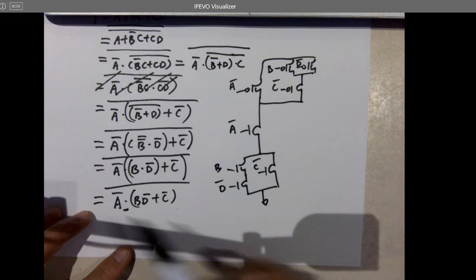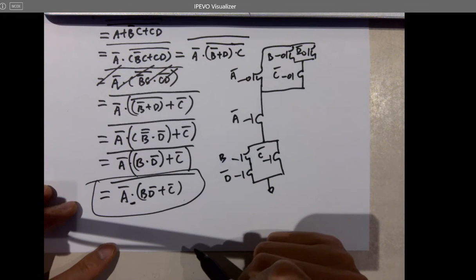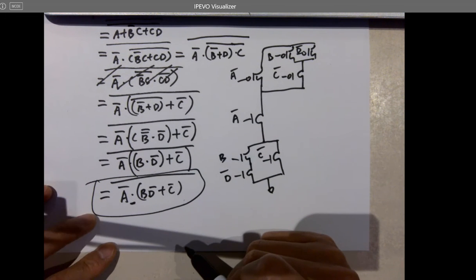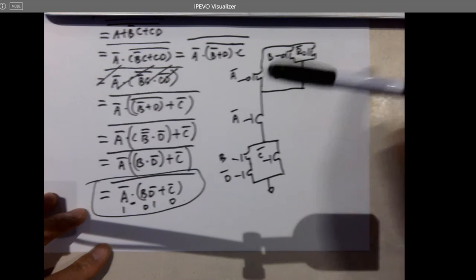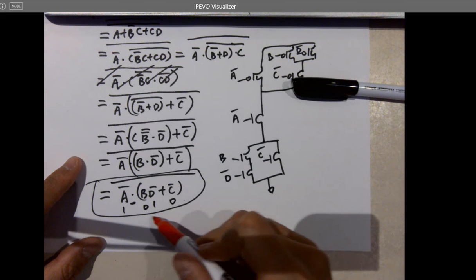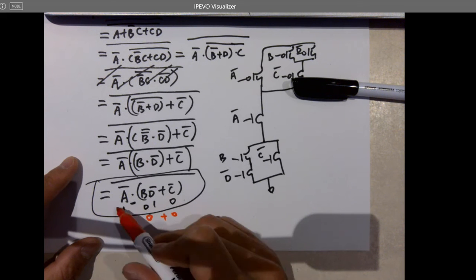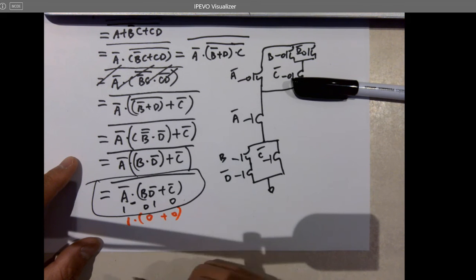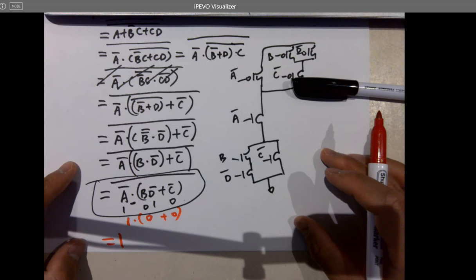Let's give one example, see if that's correct. 1, 0, 1, 0, for example, right? 0 here, 0 here, still 0, 0 and 1, 0, inverted, you're getting 1, right?